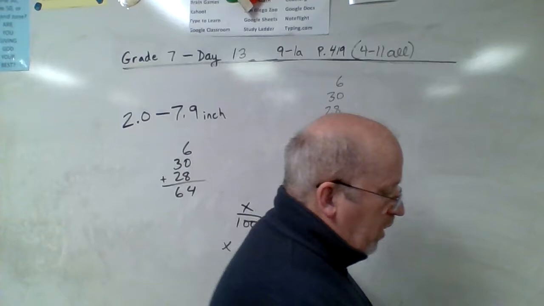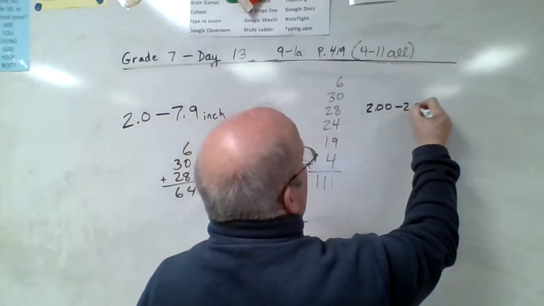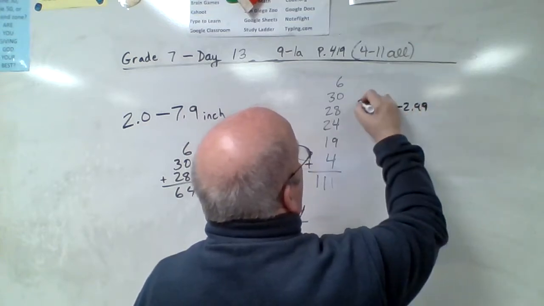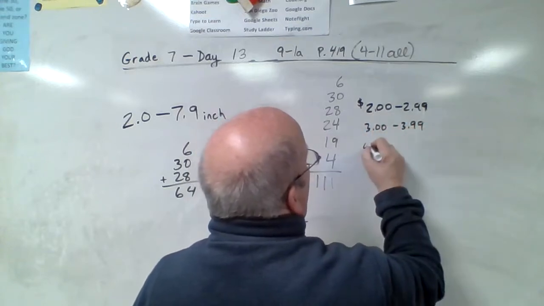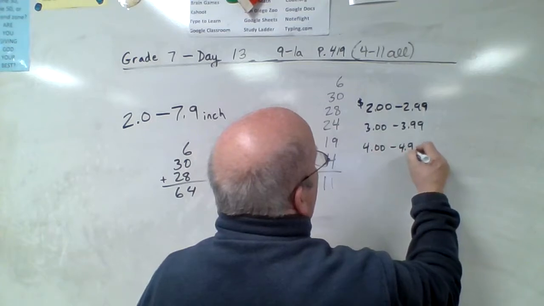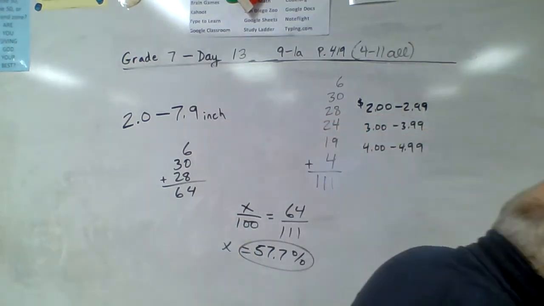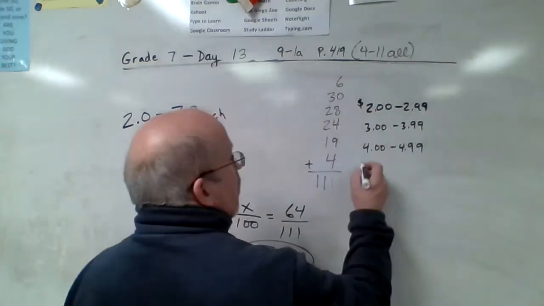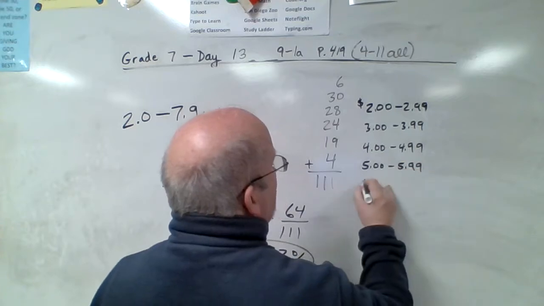Well, the following intervals are $2.00 to $2.99, $3 up to $3.99, $4 up to $4.99. I wonder how high we're going to have to make this table. If you look at the table, the biggest number appears to be $10, so I better keep going at least beyond the point of $10.